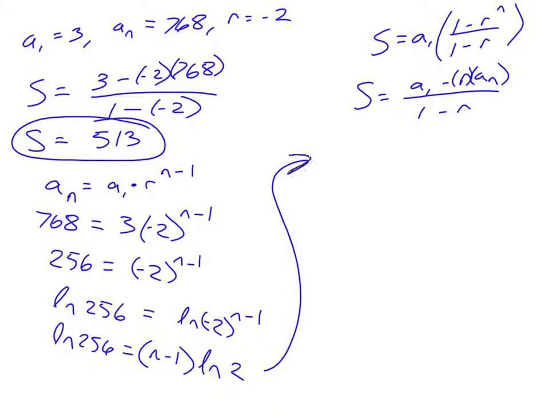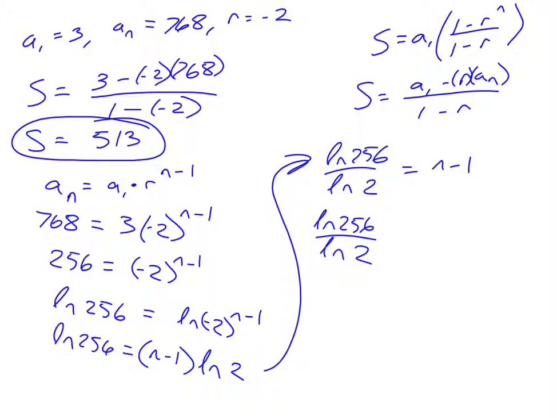Good. So I get the natural log of 256 divided by the natural log of 2 equals n minus 1. And then add 1, so the natural log of 256 over the natural log of 2, plus 1, equals n. And then I punch that in.